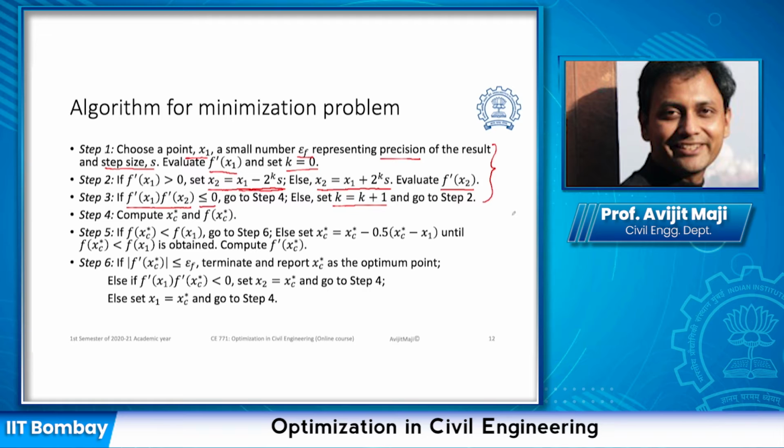Now, once we know this x1 and x2, and if we can estimate the first order derivative at those 2 points, then we can find out the optimum point for the cubic function, and that is going to be x star, which you have seen in the previous slide.